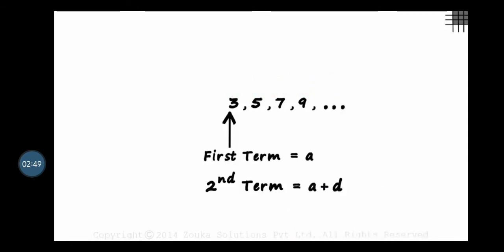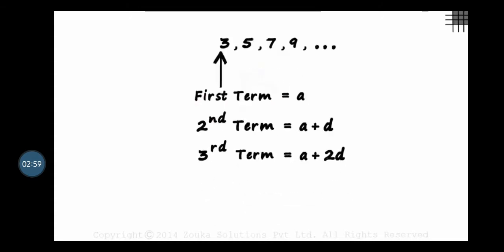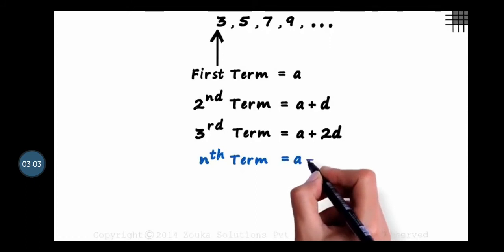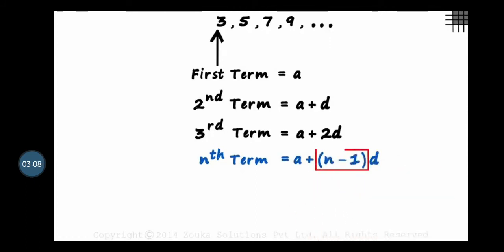What can the third term be written as? That's easy. We write it as A plus 2D, the first term plus twice the common difference. So based on this logic, how can we write the nth term? We can write it as A plus n minus 1 times D. Why n minus 1? Observe the pattern.